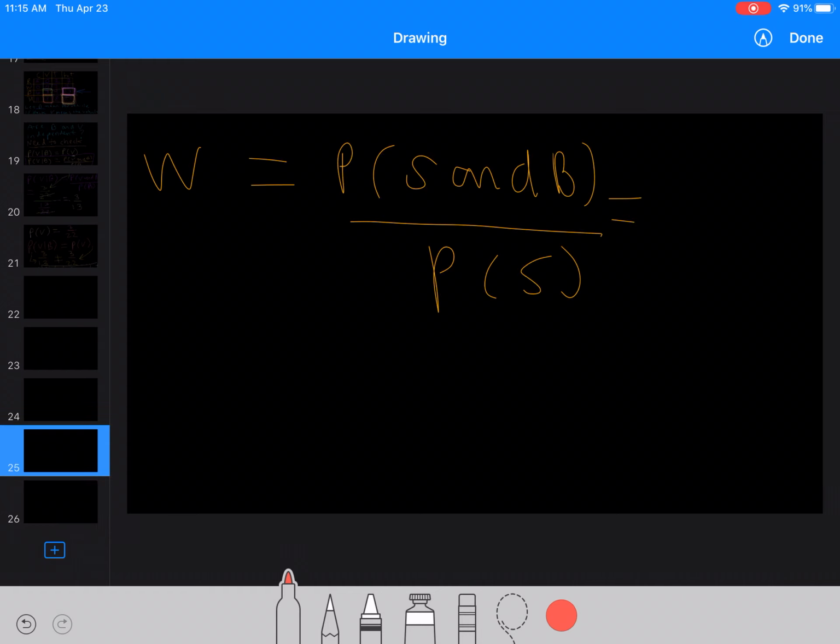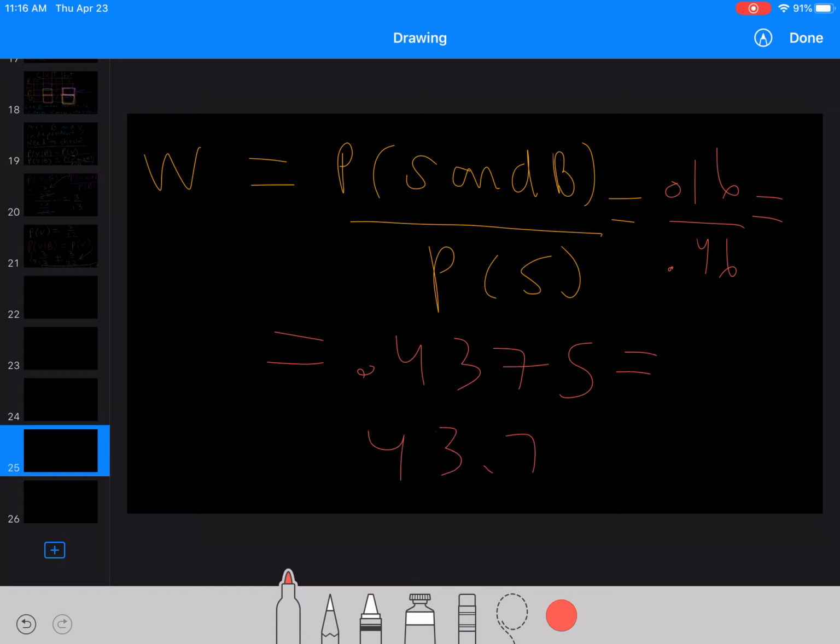So we can write that down here. So 0.16 over 0.46. And that's going to be about 43.75%. So this is going to be 0.4375, which as a percent is just going to be 43.75%. So when they search for that product, they buy it on a scale of 43% of the time. Look at the next one.